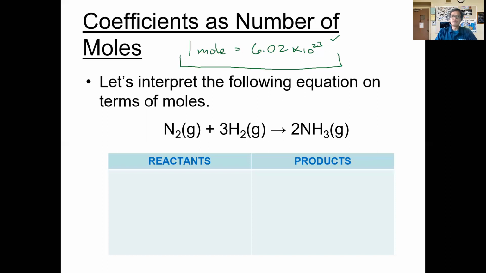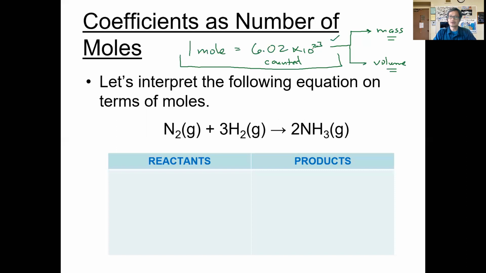So what we need to be able to do is take this many particles and figure out the mass equivalent to it, because we can weigh that out, or the volume equivalent to this many particles. Remember, this is a counted quantity, and counting out this many is not possible.